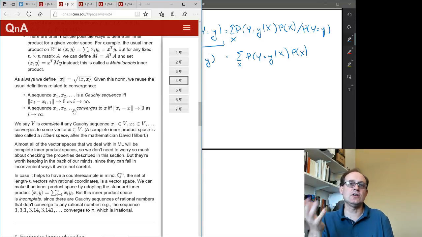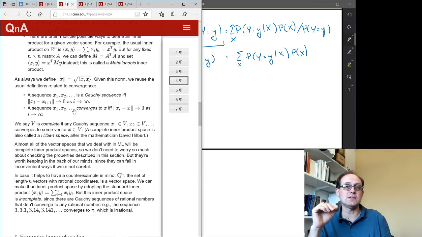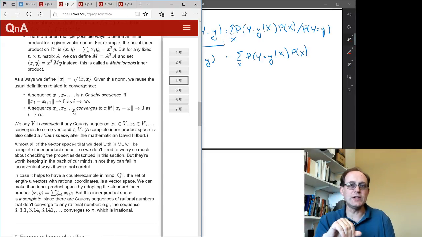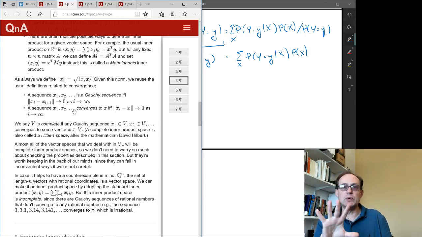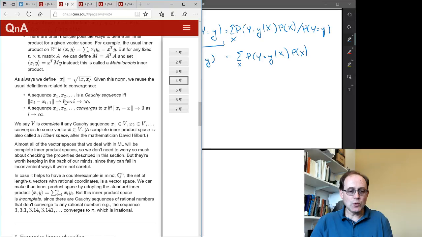So you can't talk about convergence in a plain vector space because you need the inner product in order to define the norm, in order to define what it means to converge. Again, you can go slightly weaker than assuming an inner product space, but we don't need to do that in this course. And now once we have an idea of convergence, we can say what it means for a vector space to be complete.